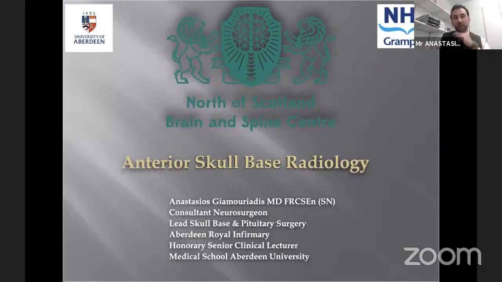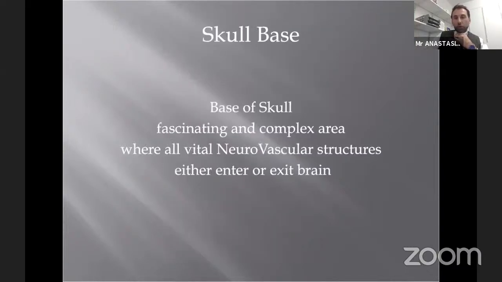So we're going to discuss anterior skull base radiology. I have no disclosures. The skull base is a fascinating and quite complex area where all the vital neurovascular structures are either entering or exiting the brain.